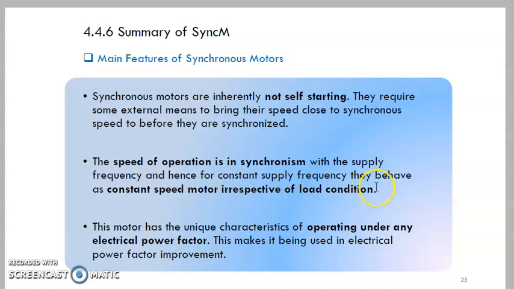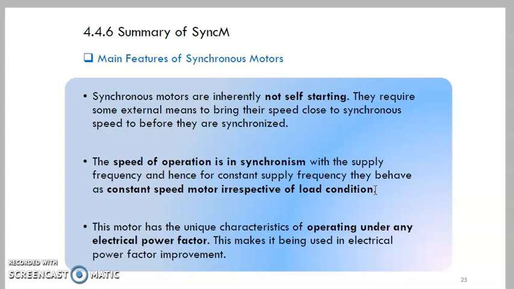You put more load, and unless you exceed the maximum torque of the motor, it will still operate. If you exceed it, it will lock out.